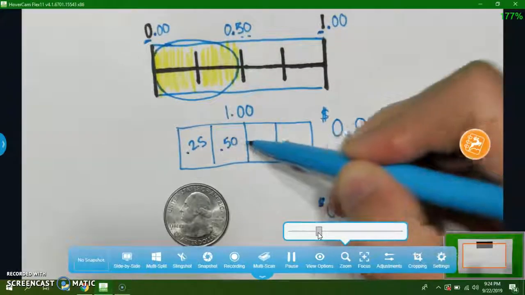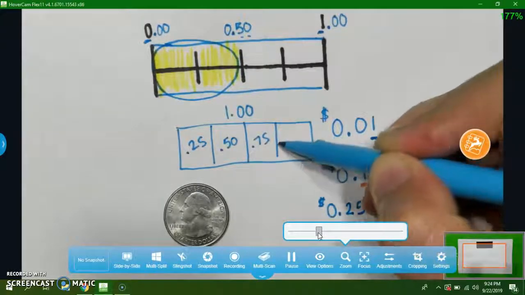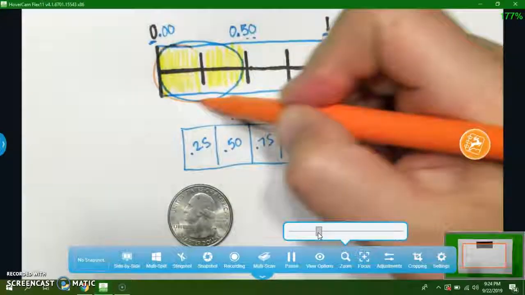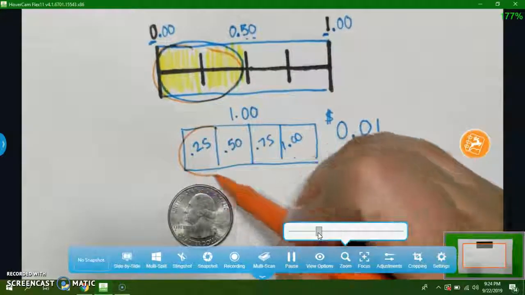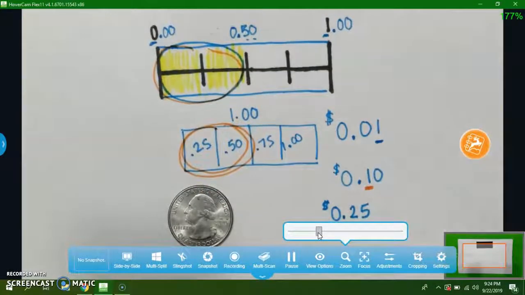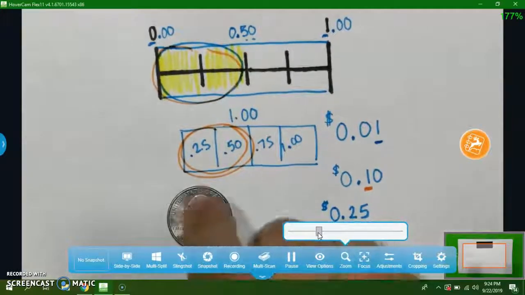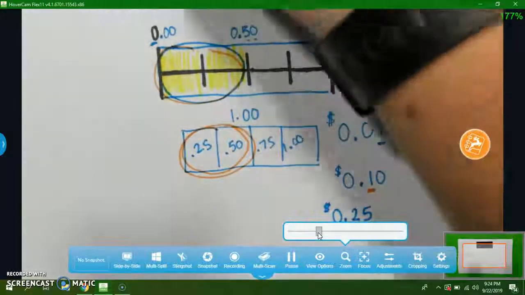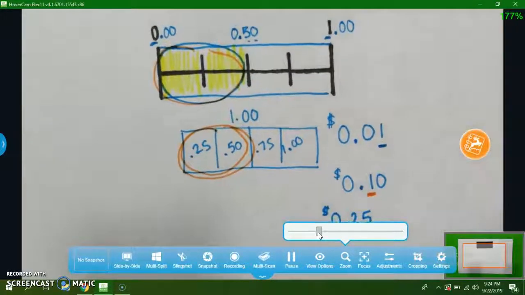But this is another way of showing that my half of a Hershey bar is the same as 50 cents, or half of a dollar in decimal format. So decimals and money work really, really well together. So we always want to think money when working with decimals.